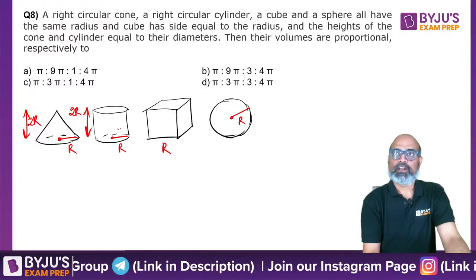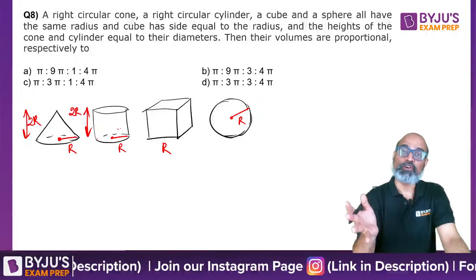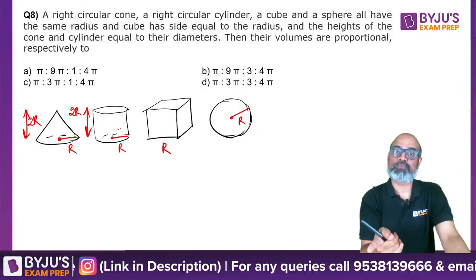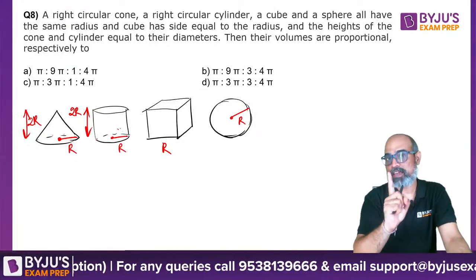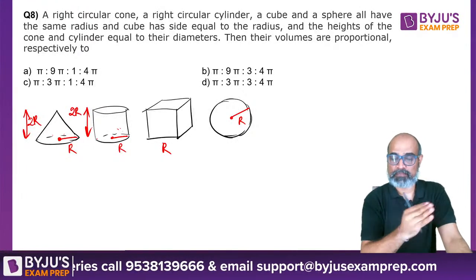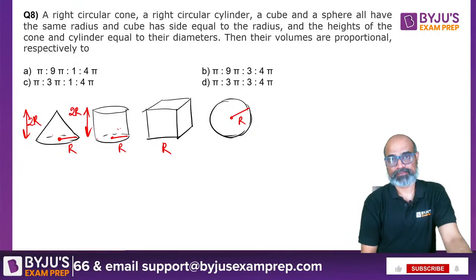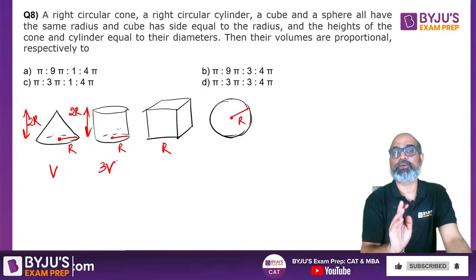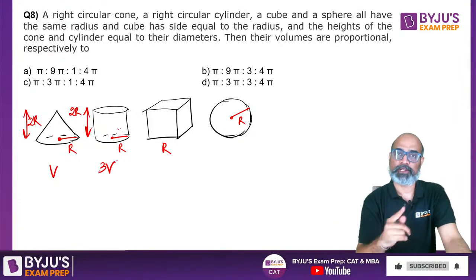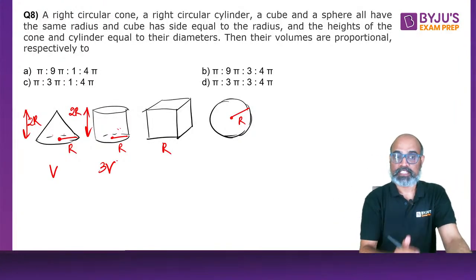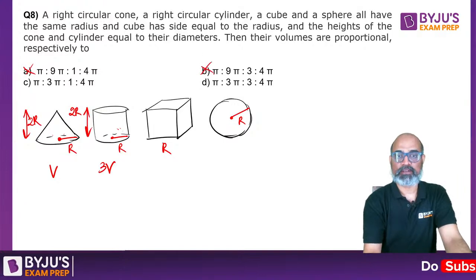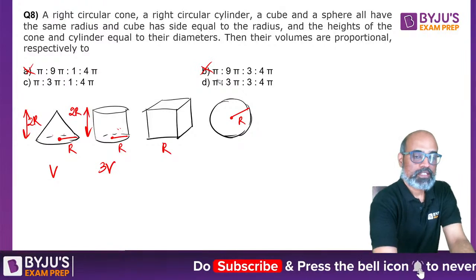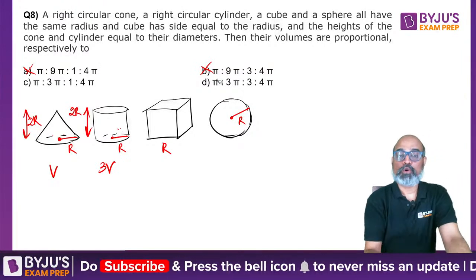If you are aware of the volumes of a cone and a cylinder, the volume of a cylinder is always 3 times the volume of the cone with the same base area and the same height. So if the cone's volume is V, the cylinder's volume is going to be 3V. This will straight away help us eliminate option A and B, right? Okay, so let's find out what their volumes are going to be.